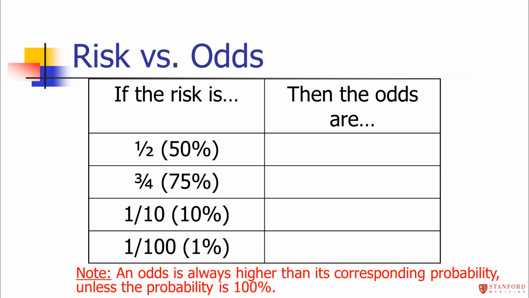So let's just walk through a couple of examples. If the risk of something happening is 50%, that means there is one chance that it'll happen and one chance that it won't. If the risk of it happening is 50%, then the risk of it not happening is 50%. So that would make the odds 1 to 1.